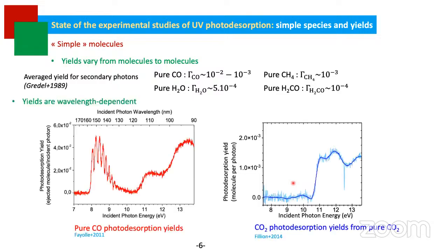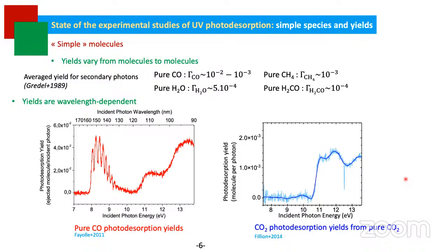A second thing is that the yields actually depend on the photon energy. That's also an important point. For instance, here are the photodesorption yields as a function of photon energy that we have obtained. Here it's from a pure CO ice. Here it's from a pure CO2 ice. And if you look at the energy structure of the yields, they are extremely different.